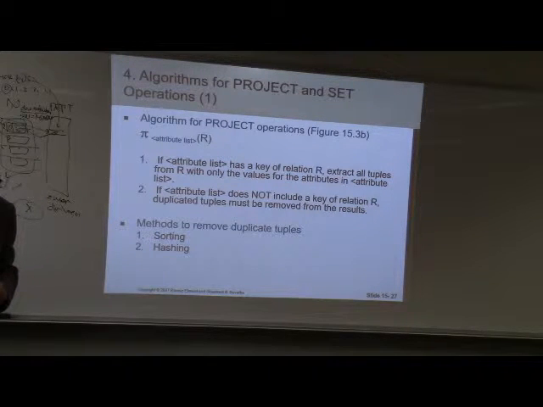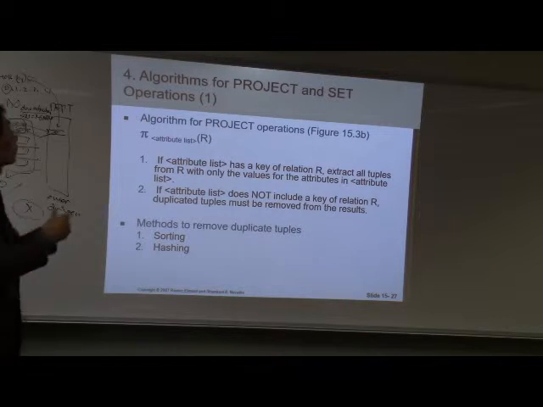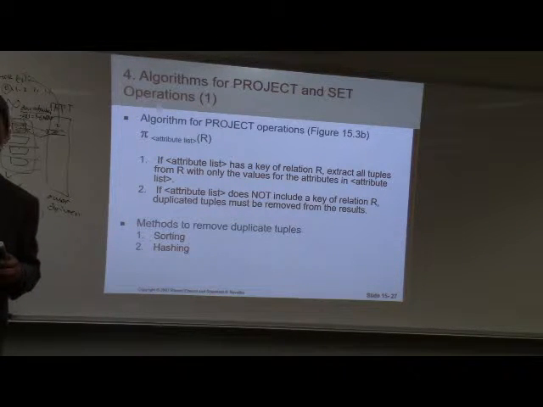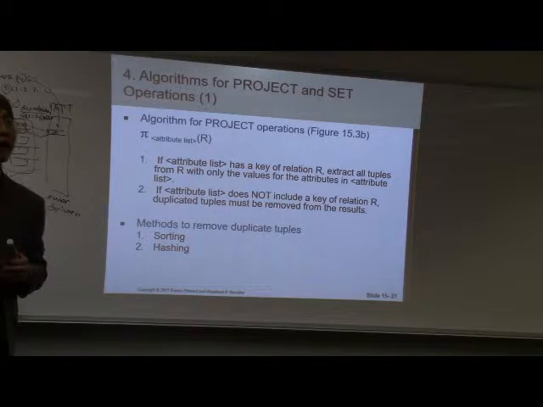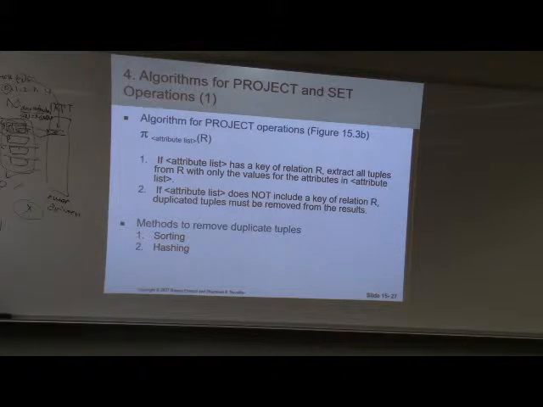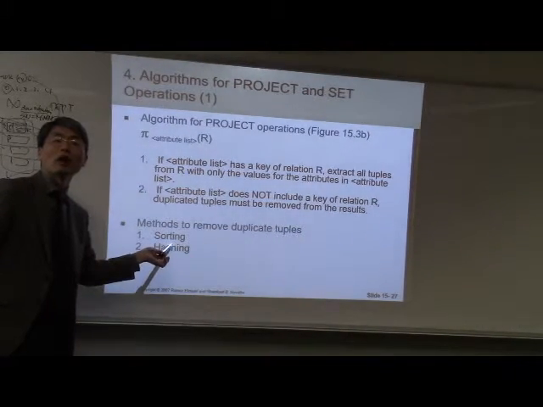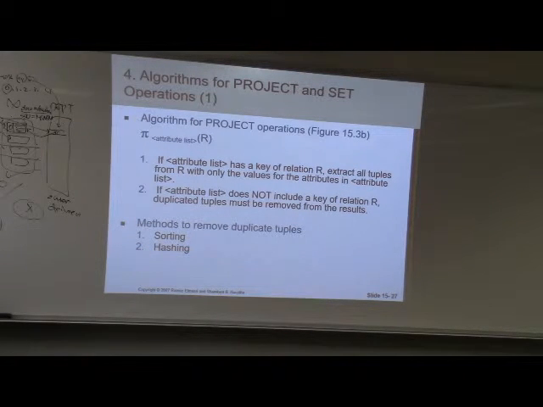Depending on the output of the project, we need to eliminate duplicate data, right? Do you remember that? The relation does not allow duplicate data, so we need to do the sorting, okay? However, in SQL, not relational algebra, in SQL, we don't have to worry about the sorting.